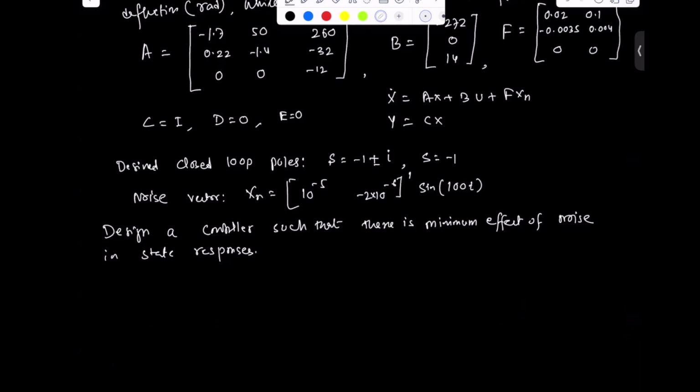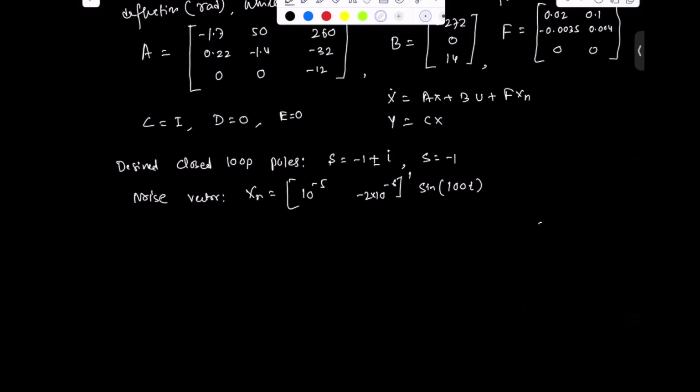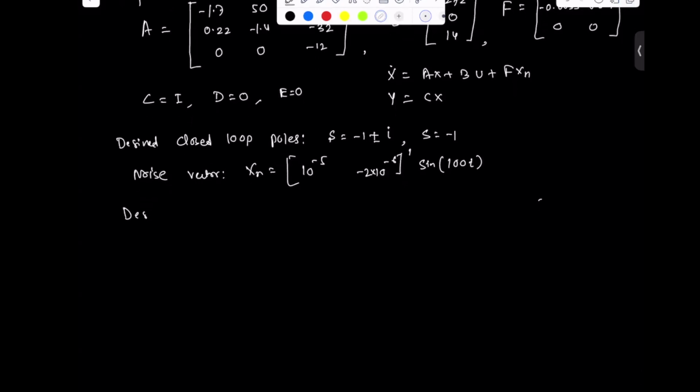We design a controller that makes the aircraft track a target or desired dynamics.